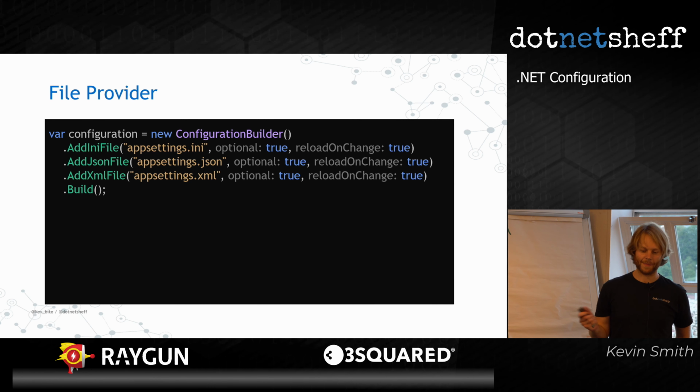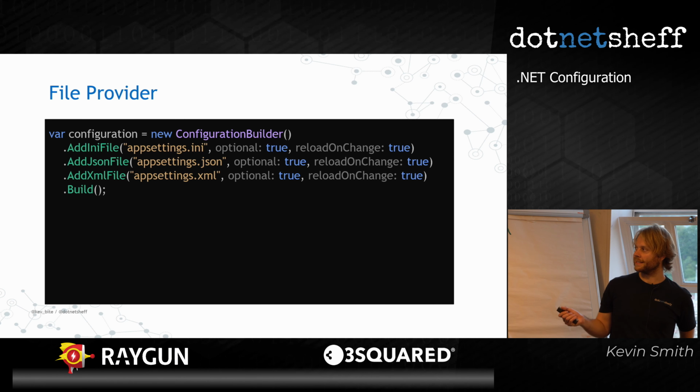It has a parameter of optional, so if it is optional and the file's not there, it won't throw an exception when it builds. If it isn't optional and it isn't there, it'll throw an exception as soon as the app starts up. So if you want that kind of security of making sure that configuration file is there when your app loads up, then you can forcibly make it throw an exception.